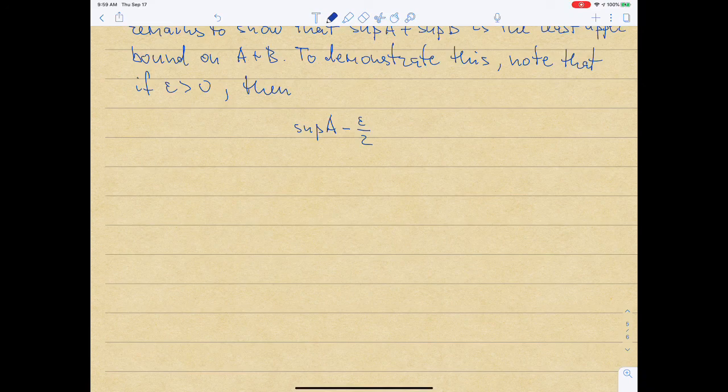Remember, right, that the supremum of A is the least upper bound on A. So then if it's the least upper bound on A, that means that if I reduce it by whatever amount I reduce it by, then the resulting number is not an upper bound on A, right? So this guy is not an upper bound on A.